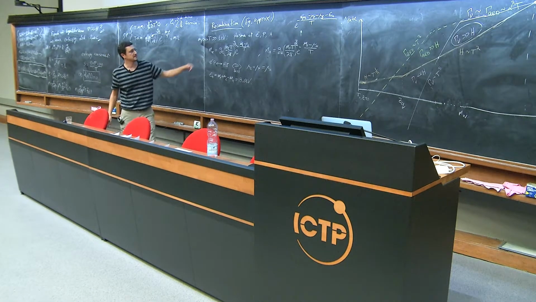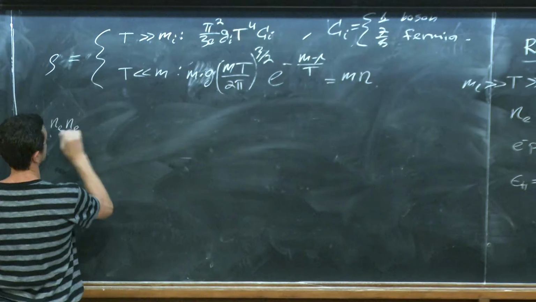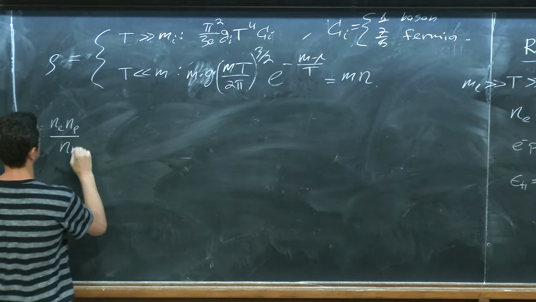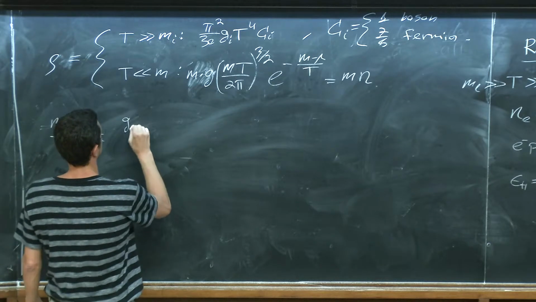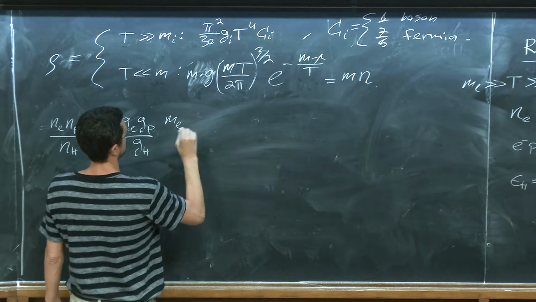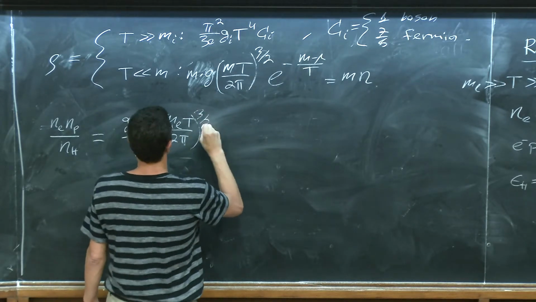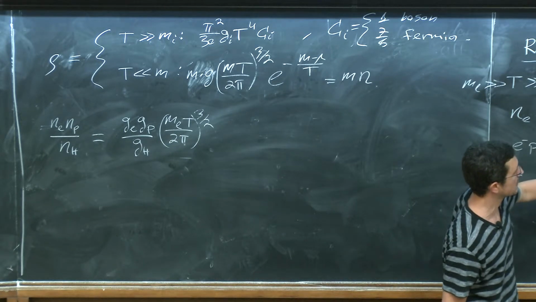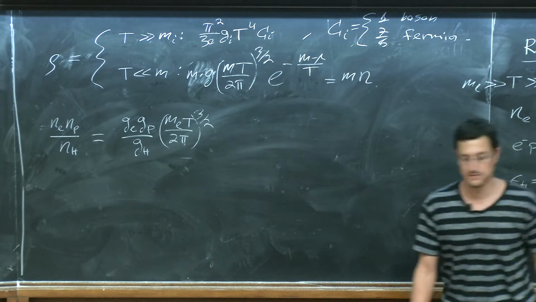Okay, so I can combine these expressions. I can take the product, n_e n_p over n_h, and just see what I get. So I get g_e g_p over g_h, (m_e T over 2 pi)^(3/2). Now I can cancel, outside of the exponential, the ratio between proton mass and hydrogen mass. I've already used just the proton mass in here for hydrogen.